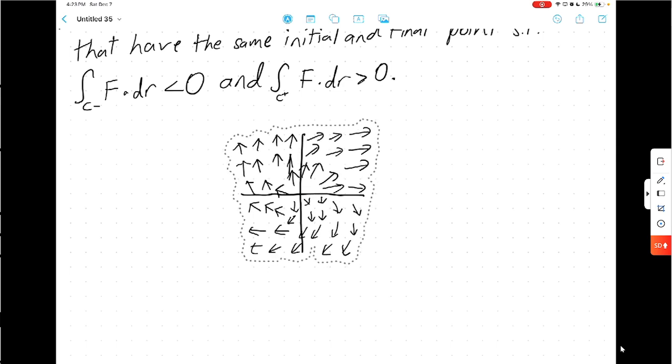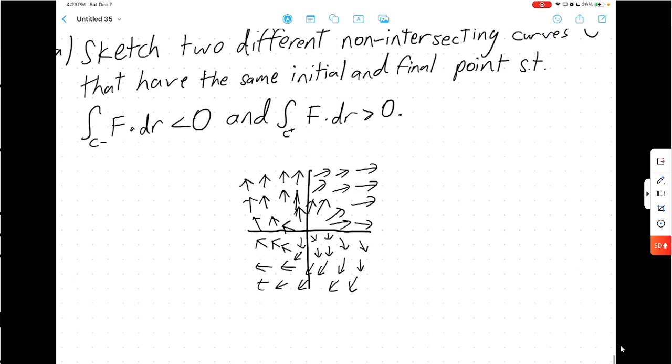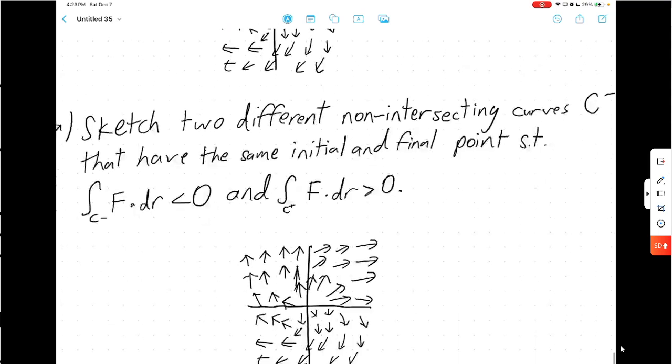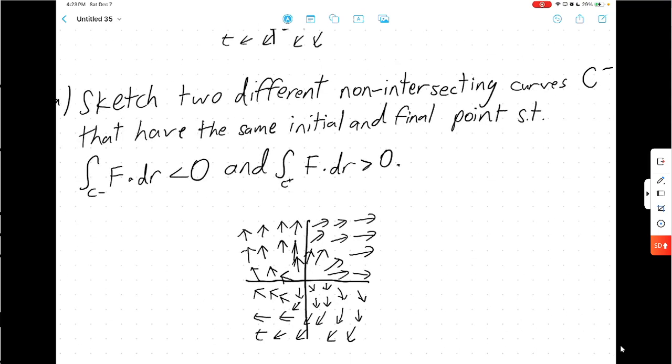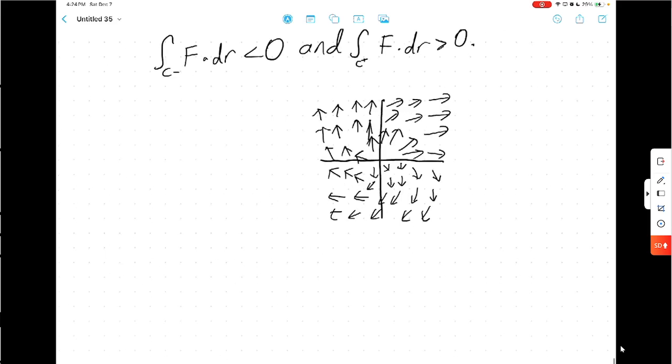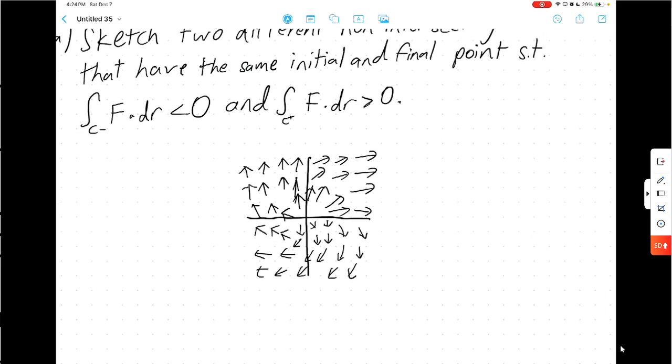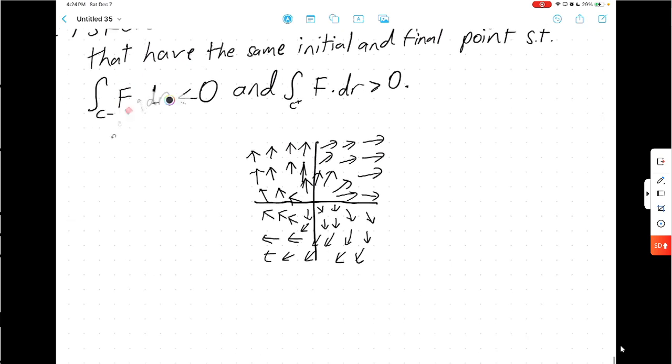So this is clearly a line integral. Over 0 it means it will tend to go. I think for this one you are going to need to use the interpretation for the line integral.